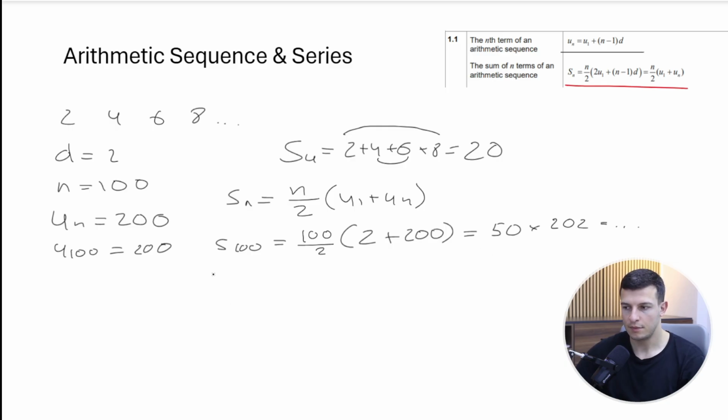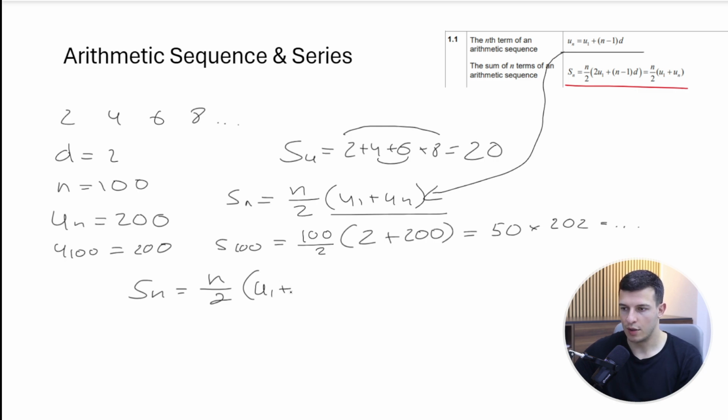Okay, now what about the other formula? The other formula says Sn is equal to n over 2. Now, if you notice, if we take the first formula, u1 plus un, and for un we put the formula of un, what do we get?